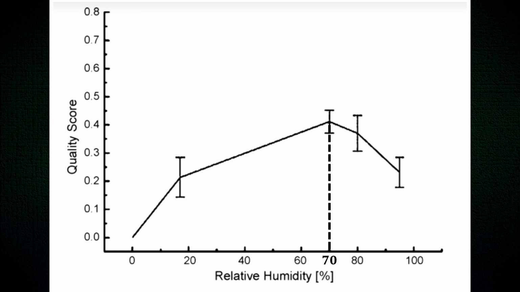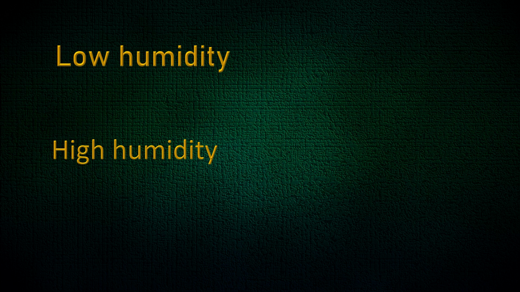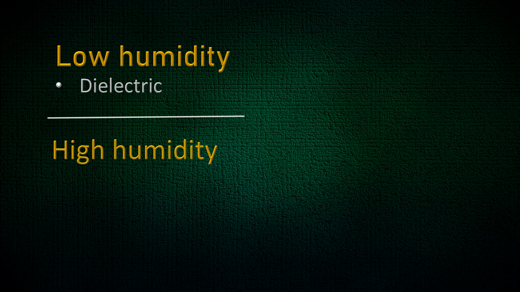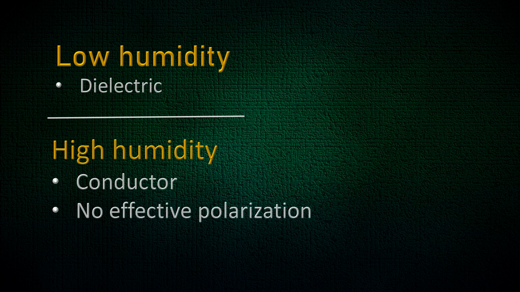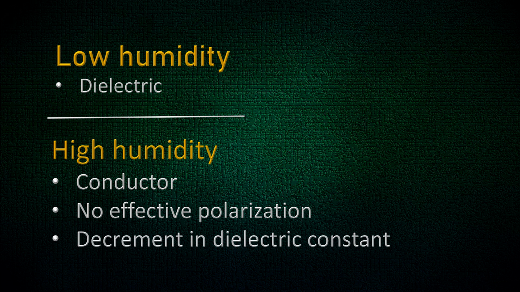So why does that happen? And a genuine explanation for this is, at low humidity, the paper behaves as a dielectric and gives us the better result. But at higher humidity, it behaves like a conductor, and hence we don't get an effective polarization, which actually decreases the dielectric constant, and hence the quality of the result decreases.